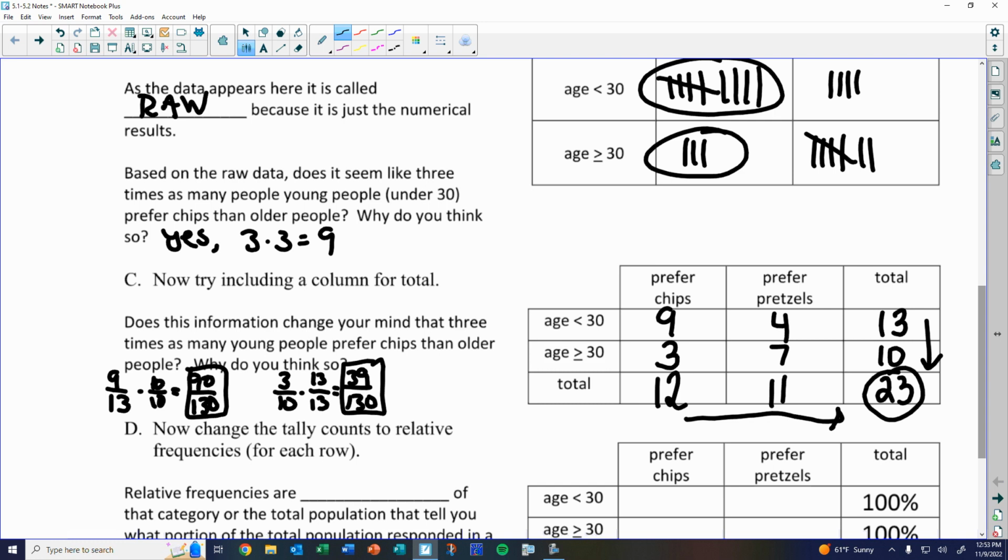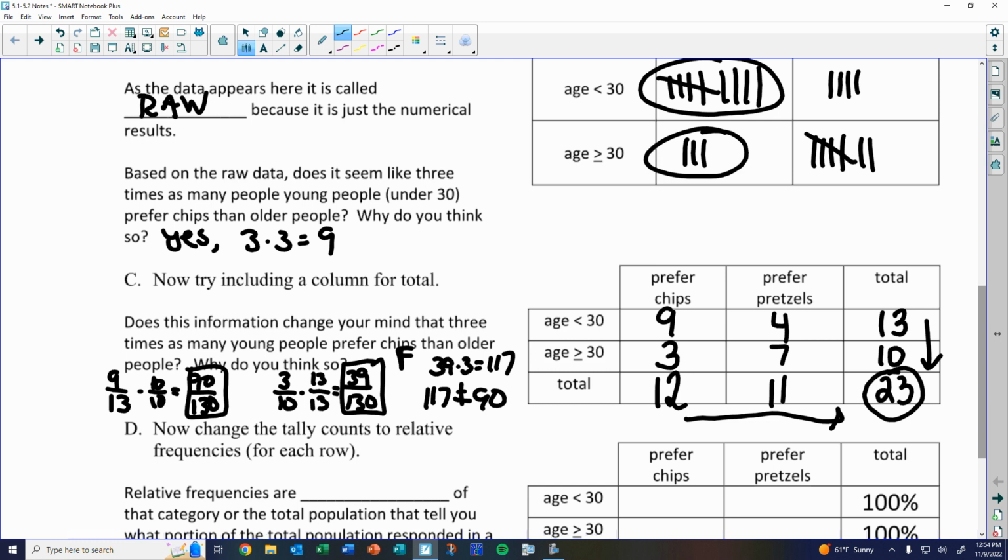No, it's 117. Because we looked at it a little differently, this is false. 39 times 3 is 117, and 117 doesn't equal 90. So it's not 3 times. It's a little less than 3 times.